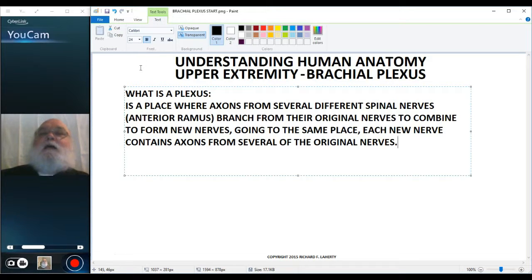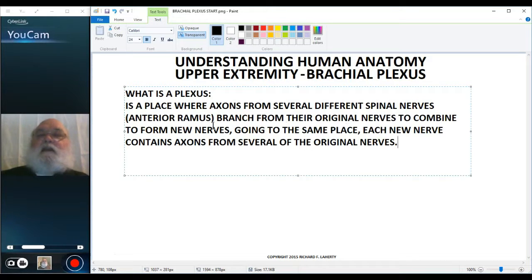Okay. And we find a nerve plexus in the neck, the cervical plexus. We find a plexus supplying the upper extremity, the brachial plexus, and then we have the lumbar and sacral plexi, sometimes referred to as the lumbosacral plexus, that supplies the lower extremity.